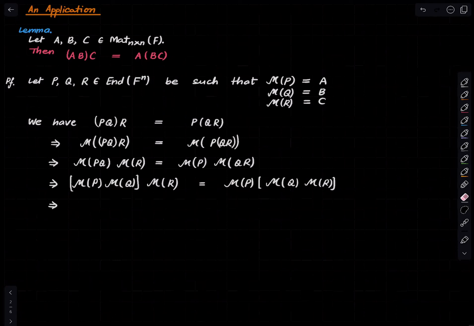So this is A times B multiplied with C is equal to A multiplied with B times C. Right? This is A, that is B, and so on. So very simple. So this displays the power of linear algebra a little bit. Okay.